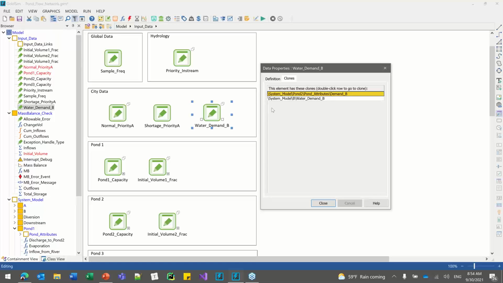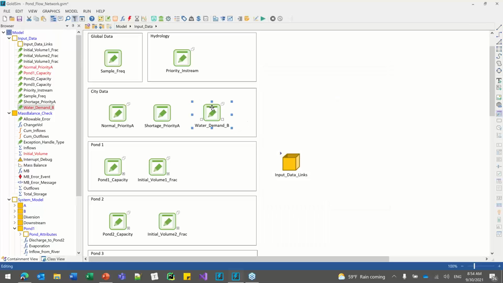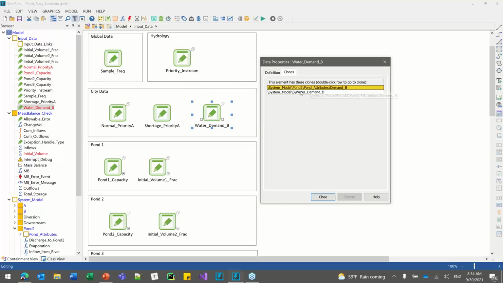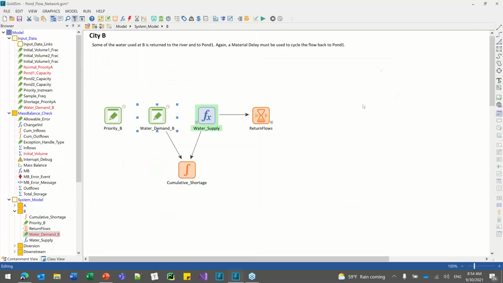If you clone it to both of those locations, then that would remove the need to have an influence line from pond 2 to B. So let me go in and show you. You can also, if you go to the clones tab, just double click on one of these items and it will take you there.